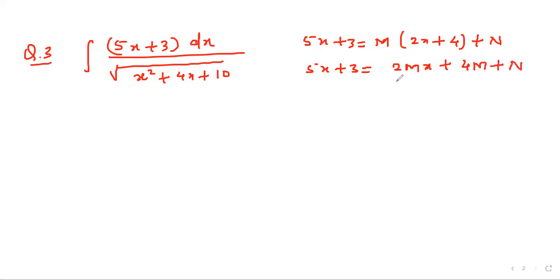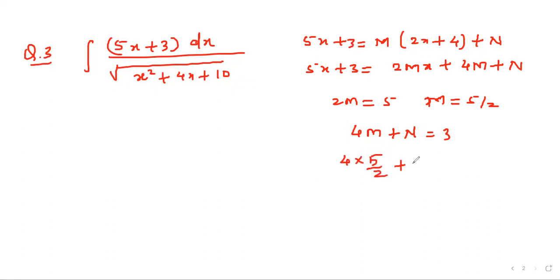So we compare. So 2m equal to 5 or m equal to 5 by 2. Then 4m plus n equal to 3, but m equal to 5 by 2. So 4 into 5 by 2 plus n equal to 3. So it will become 10. So n equal to minus 7. Now we have got m equal to 5 by 2, n equal to minus 7.